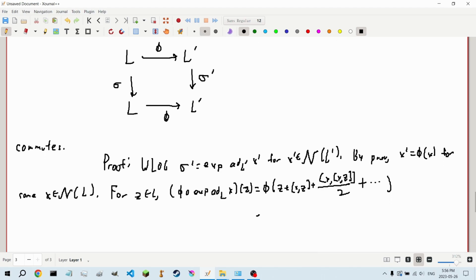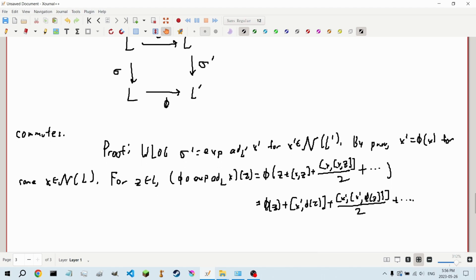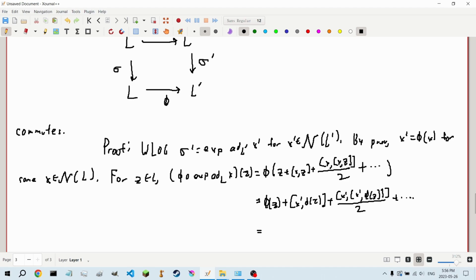Which is then going to be phi of z plus the bracket of x prime on phi of z plus the bracket of x prime on the bracket of x prime on phi of z over 2 and so on, which is just the exponent of the L prime adjoint of x prime on phi of z.